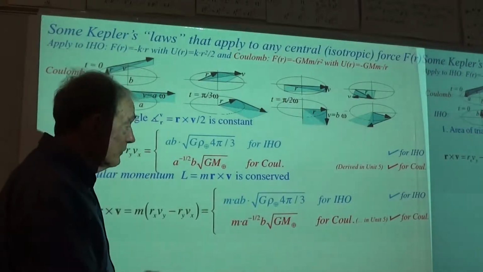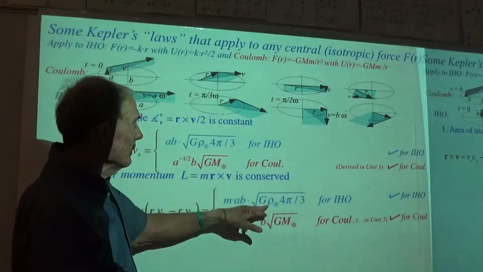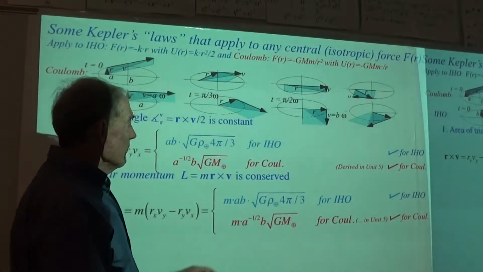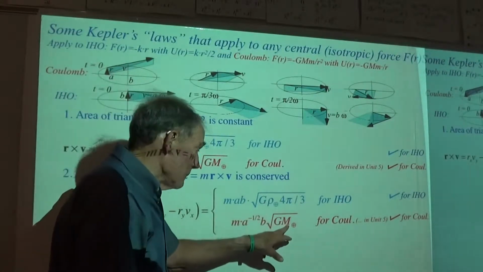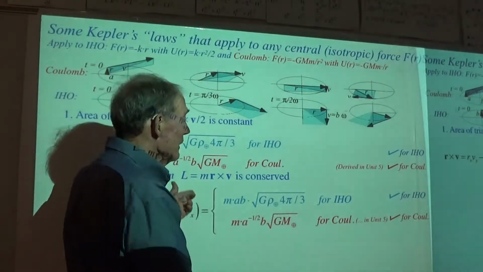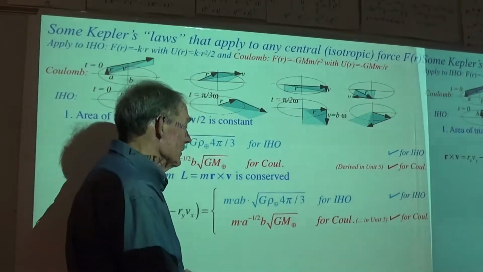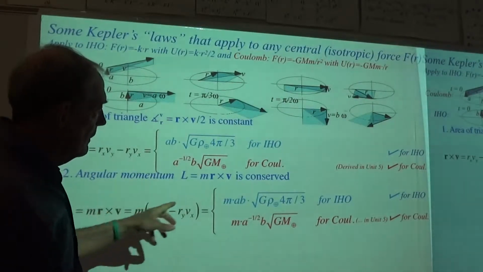quantity that we just took from lecture 6, that has the MKS values. This here depends on the total mass. You're outside of the Earth now for the Coulomb orbits. Inside the Earth, you use the density, the square root of the density, as a coefficient for the angular momentum.